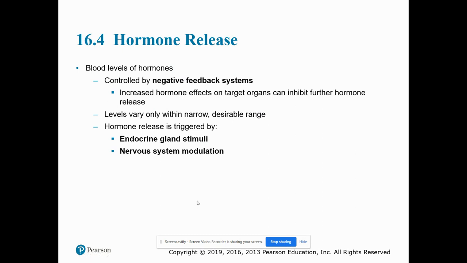Hormone release. Blood levels of hormones are controlled by negative feedback systems. Hopefully you guys remember homeostasis back from ANP1. That was one of the very first things that I teach in ANP1, homeostasis and negative and positive feedback systems. But negative feedback, just as a reminder, is like my air conditioning system.